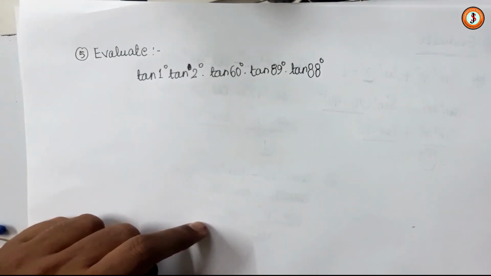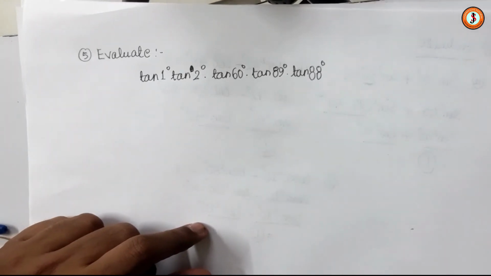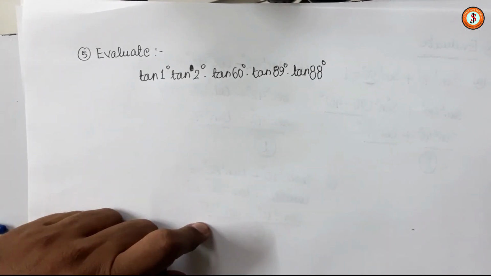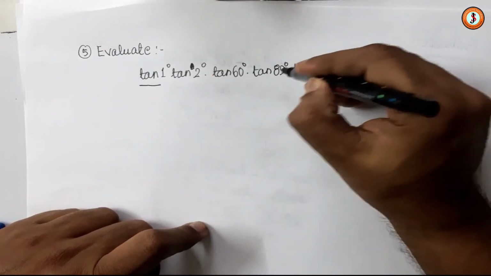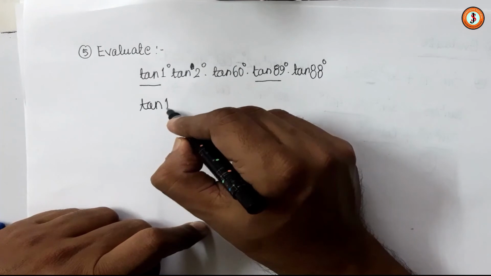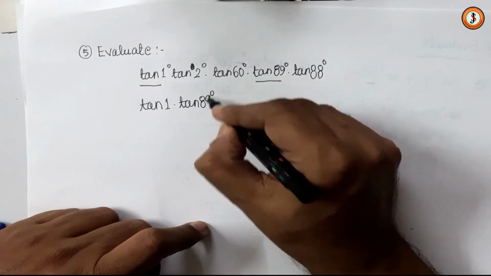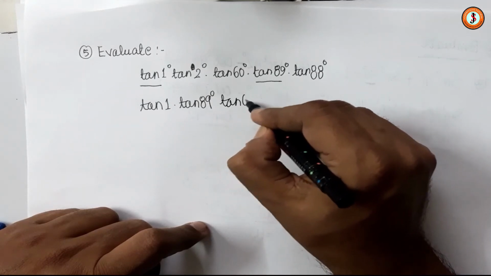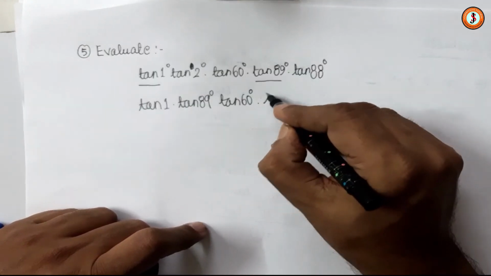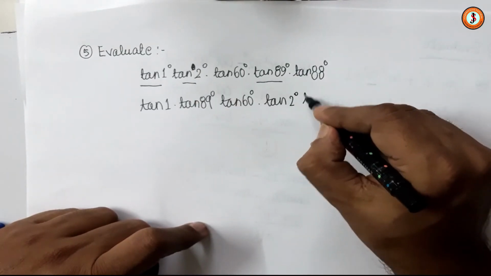Now this type of question, you have to keep the two terms which have got sum as 90. 1 and 89 is 90, so I will put them together. Tan 1 into tan 89. Now tan 60 is all around. Okay. Now tan 2 and tan 88 can be arranged together.